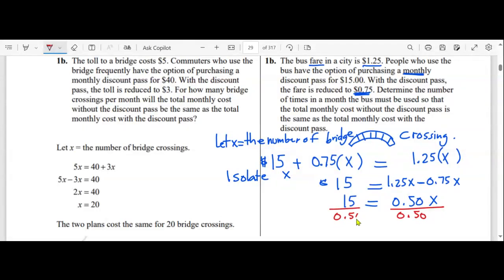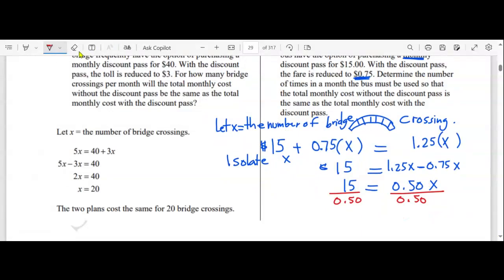Both sides. Do you have a calculator? So X equals 7.5. So the plan costs the same if you cross the bridge 7.5 times.